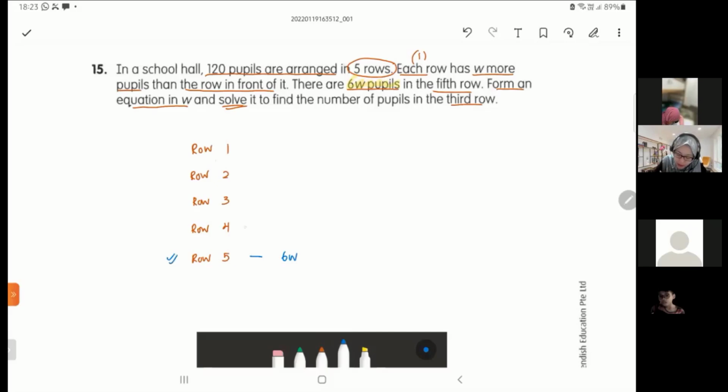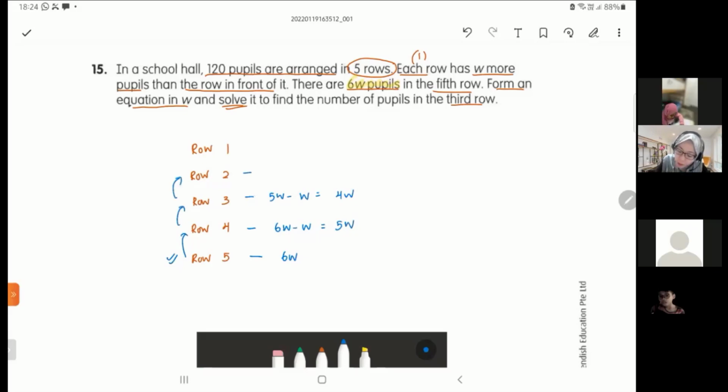So let's go backwards. It will be 6W minus W, which is 5W, like this. Then if I go backwards here, this will be 5W minus W, this is 4W. Going backwards means going opposite.